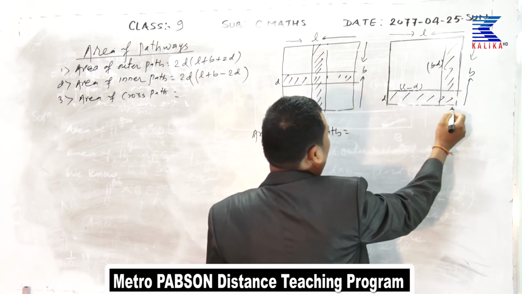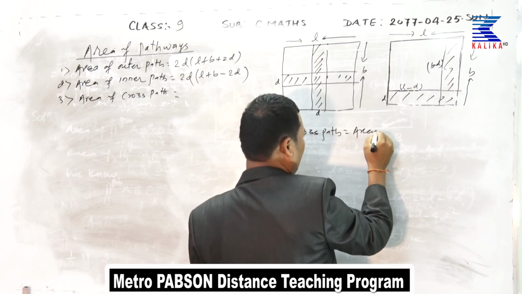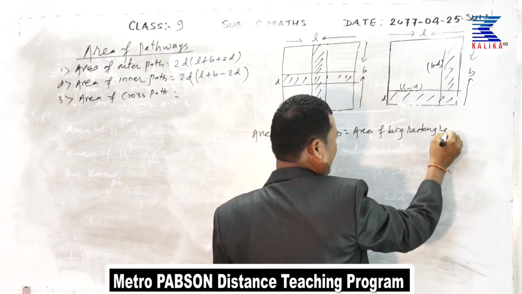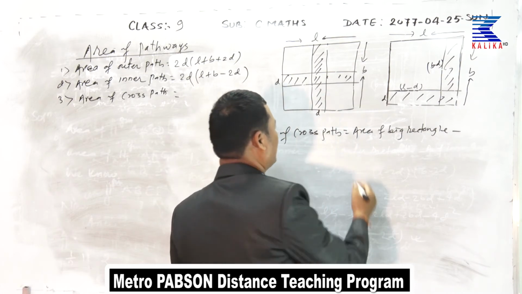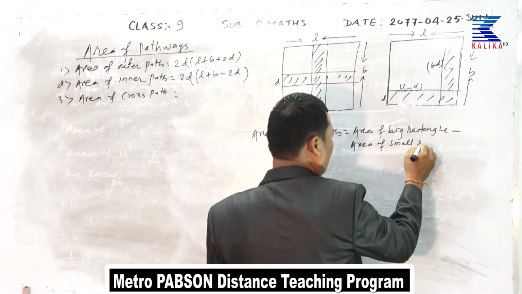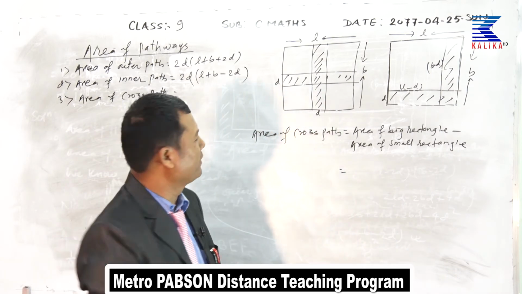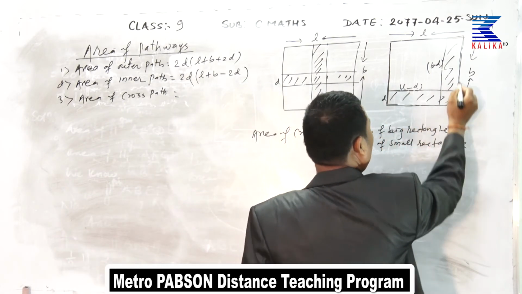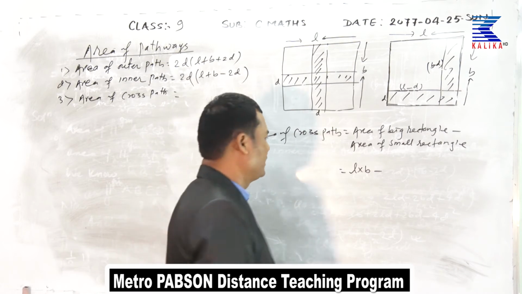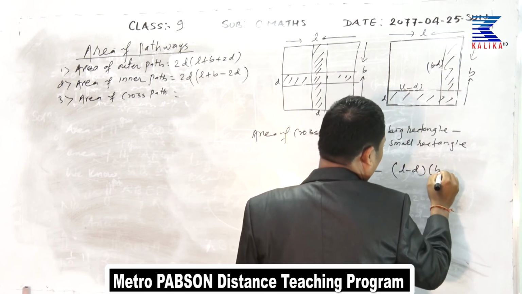The area of the big rectangle means whole length into breadth, L into B, minus the small rectangle, which is L minus D into B minus D.